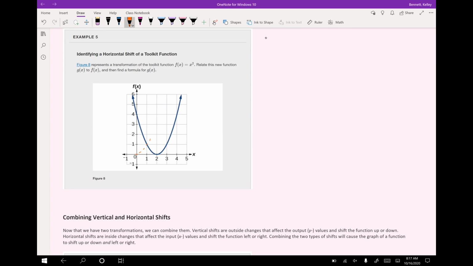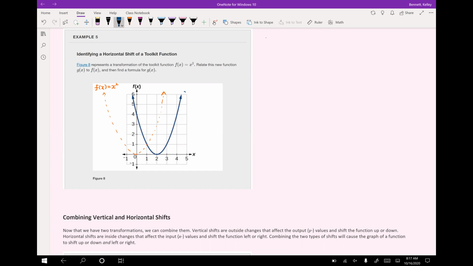Like if we're just doing our toolkit function, this would be our original guy. So this is f of x equals x squared. And so we're interested to know what g of x is.